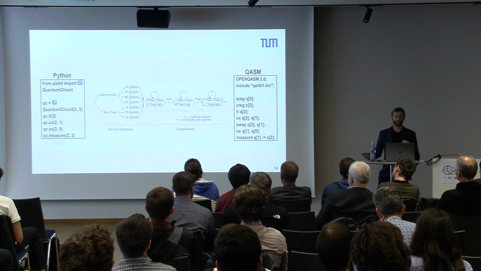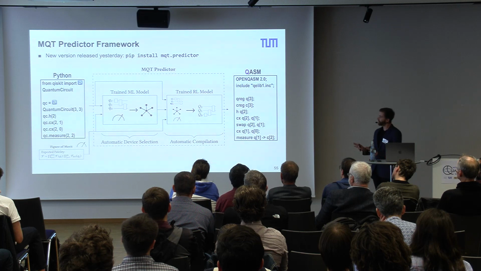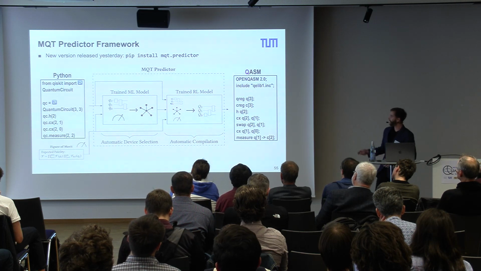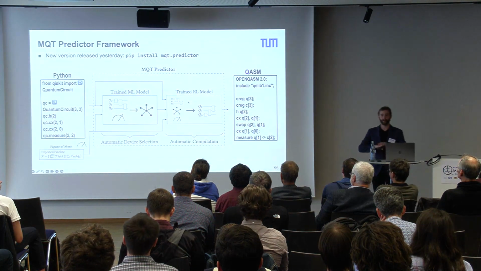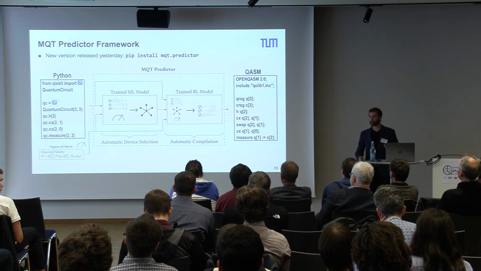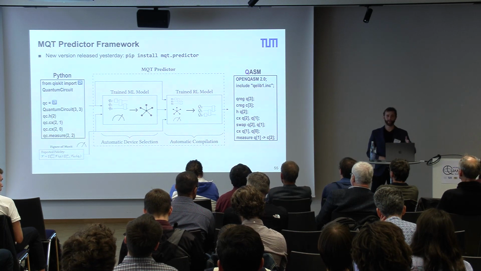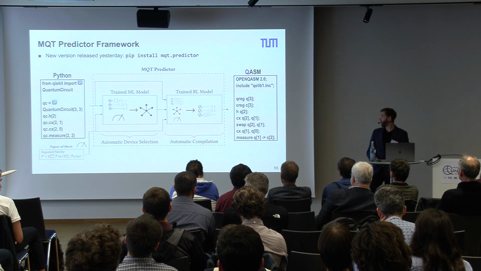So what we came up with is the MQT predictor framework, and I'm just going to sketch this briefly. What we did is we first threw all those different compilation passes into a reinforcement learning toolbox. Just make everything possible, everything as a single pass, you give it a circuit, and it is allowed to apply any potential optimization pass.